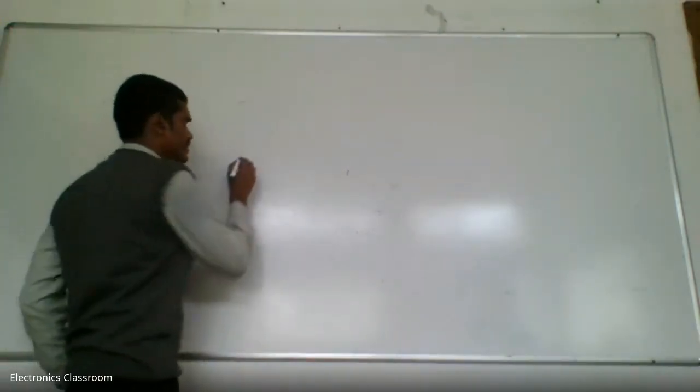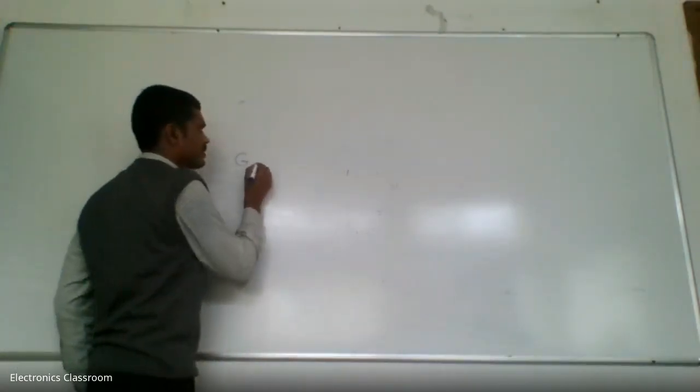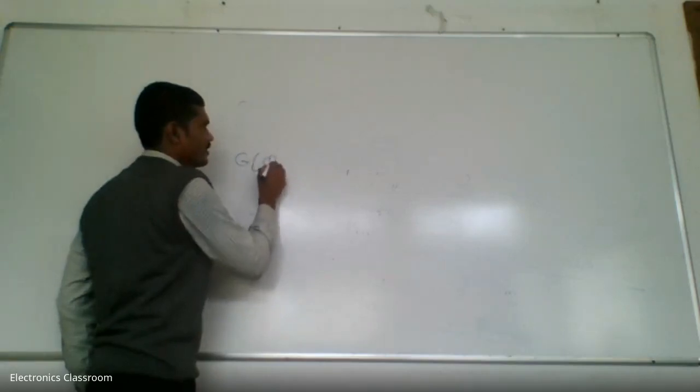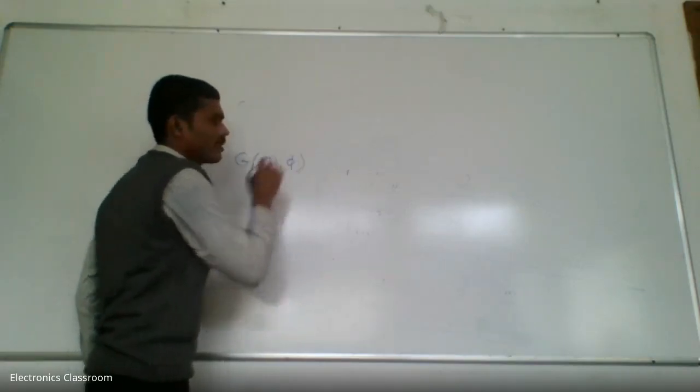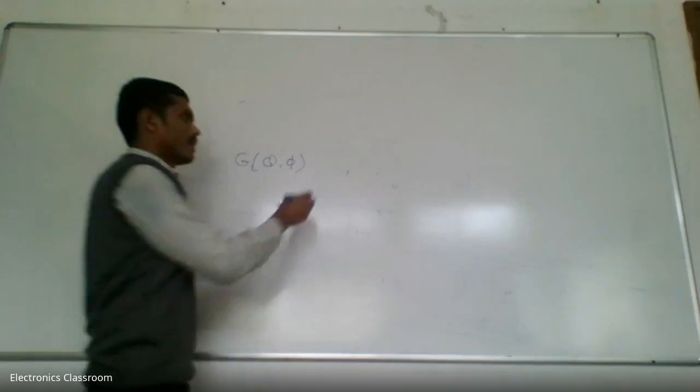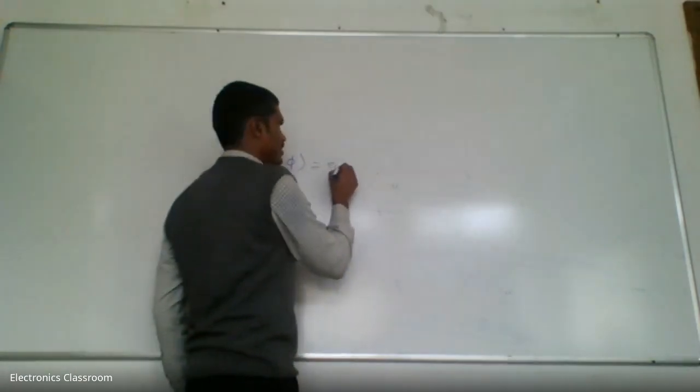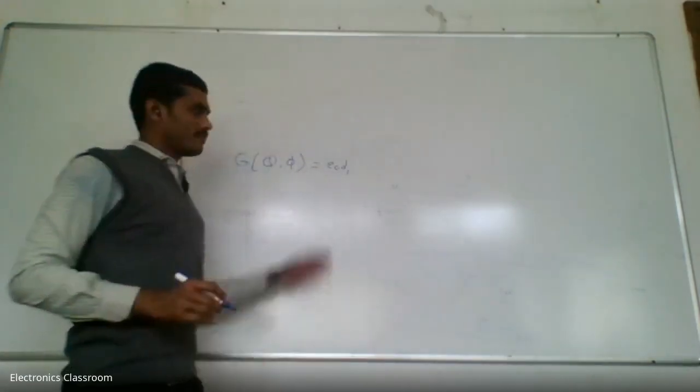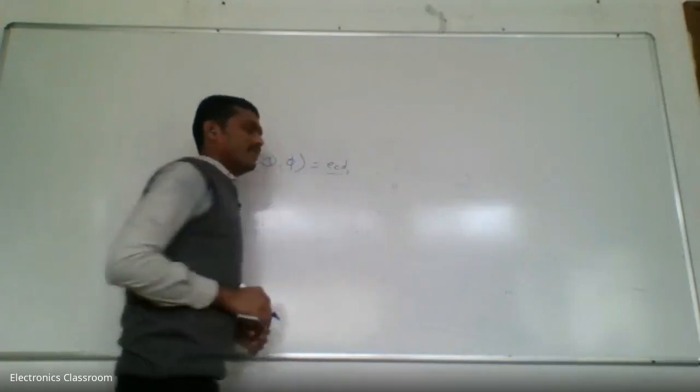We can write this G in brackets theta comma phi. It can be written using ECD, your radiation efficiency.